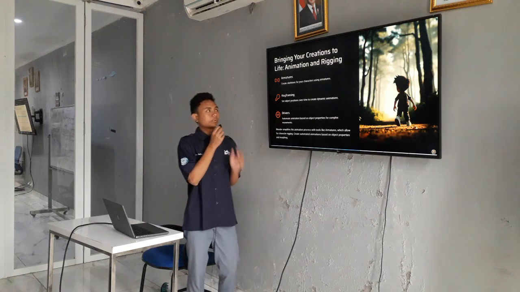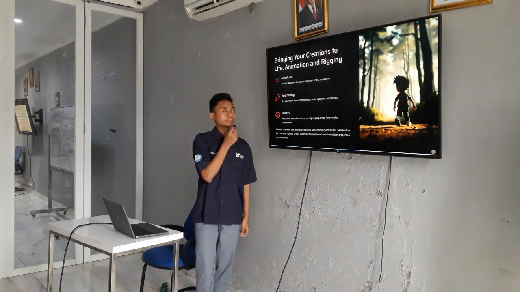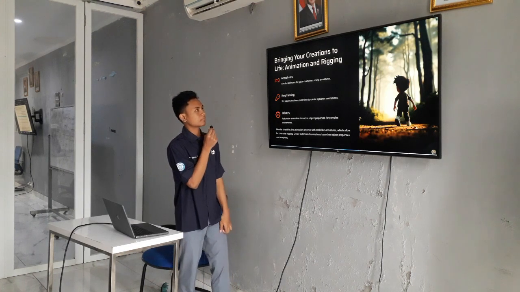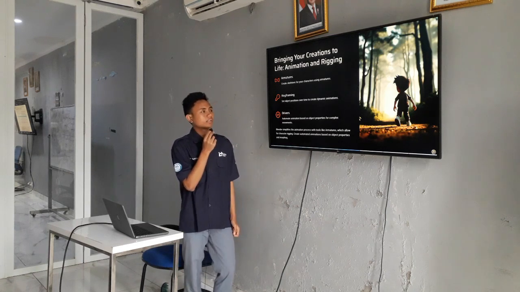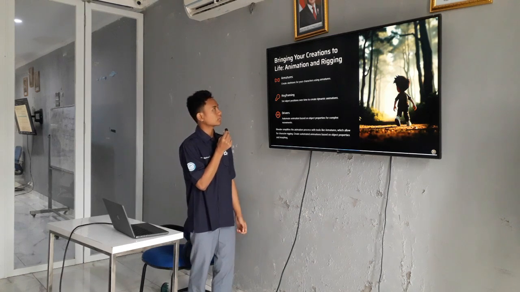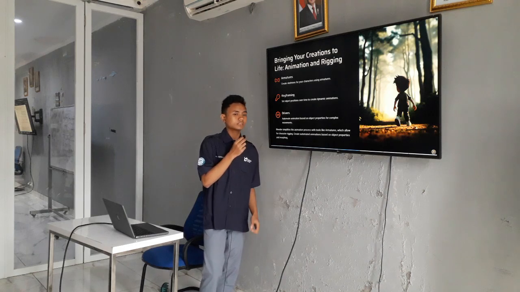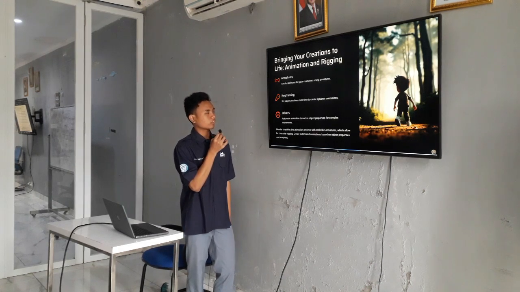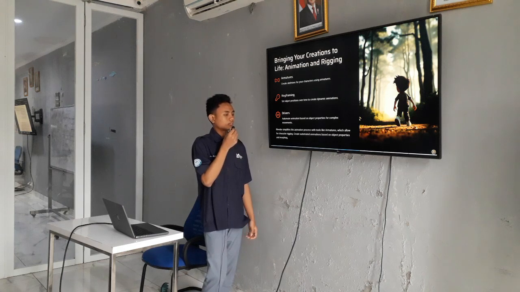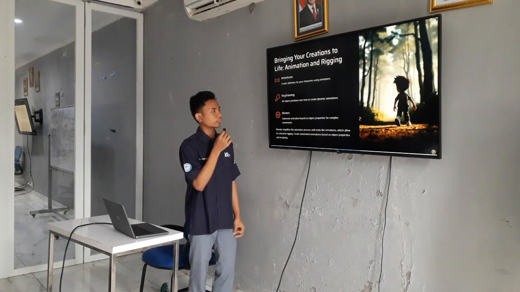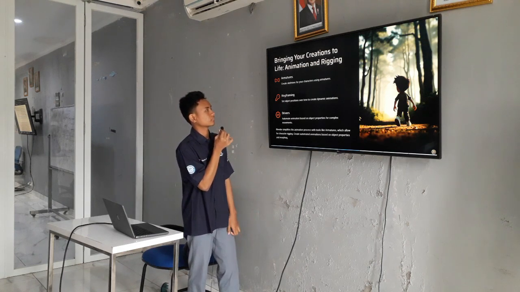Okay, bringing your creation to life, animation and rigging. The next is animation and rigging. So if you want to rig, you will use an armature. So armature is a bone in Blender that can be used to move your 3D characters.